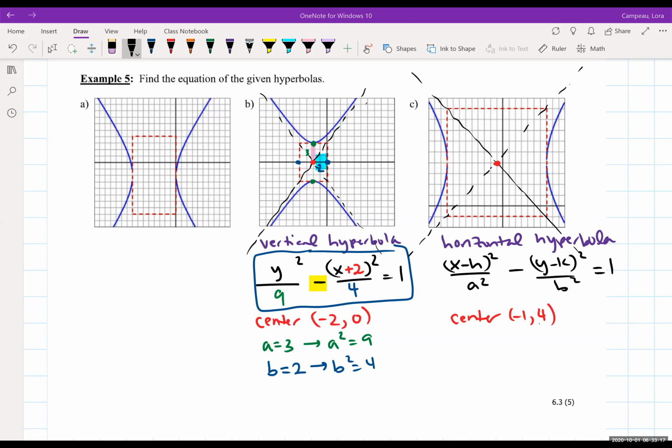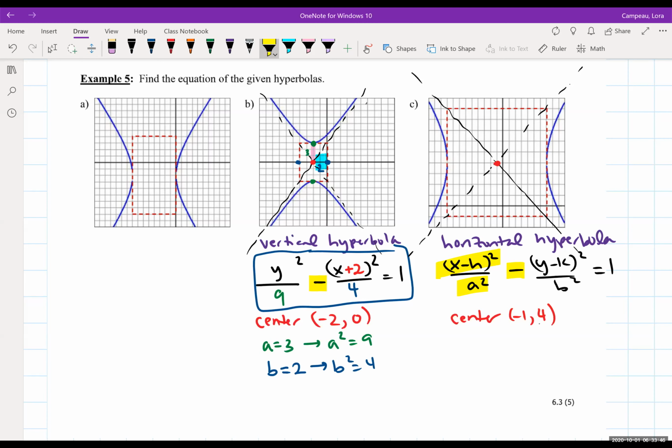Just a reminder, hyperbola equations do have minus signs in some cases, separating the 2 squared terms. And it matters which is the positive term. So in this case, the positive term is the x minus h squared. So that's why we're emphasizing the fact that we have a horizontal hyperbola. And then the a squared is associated with the positive term.